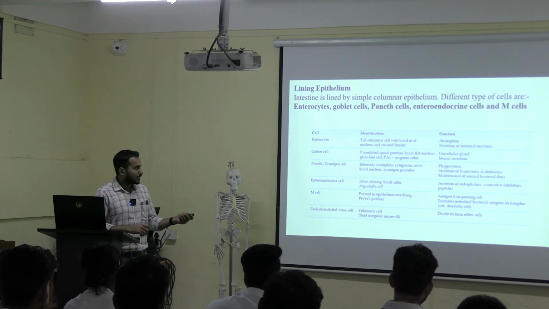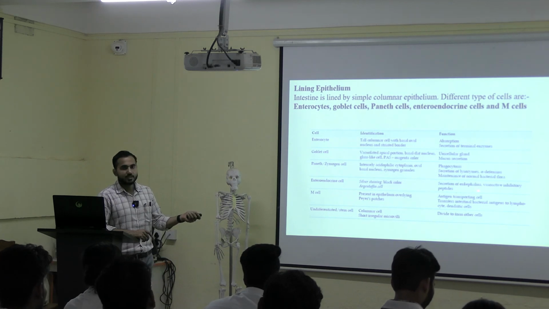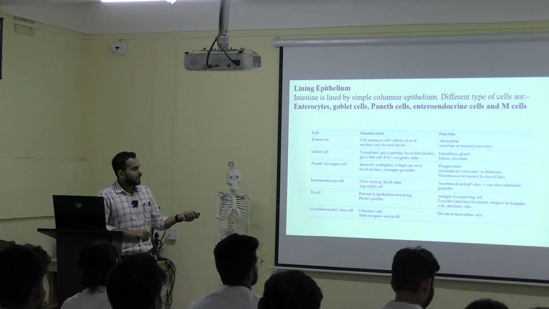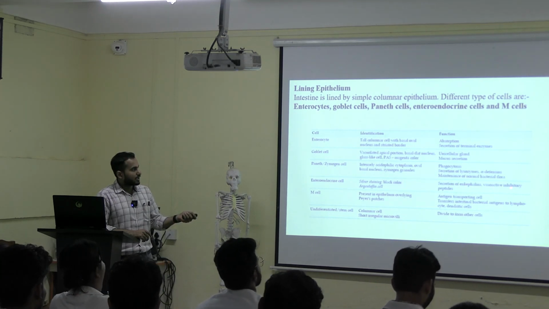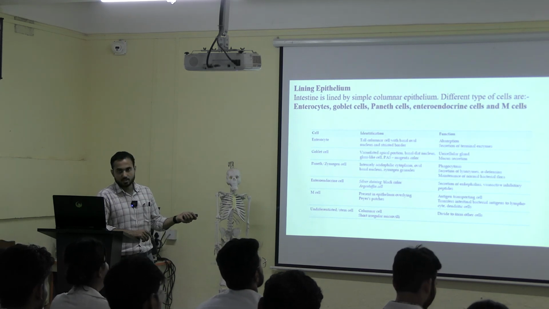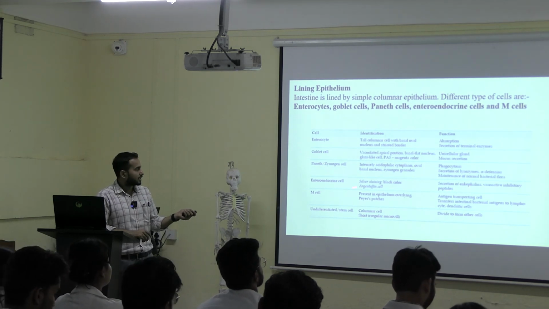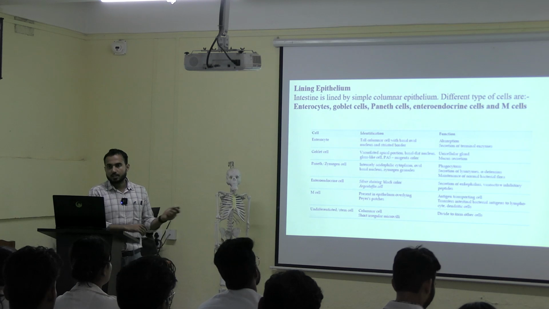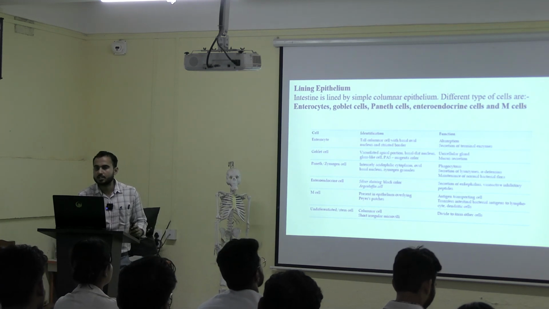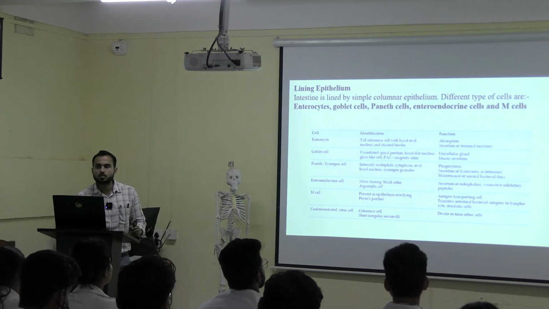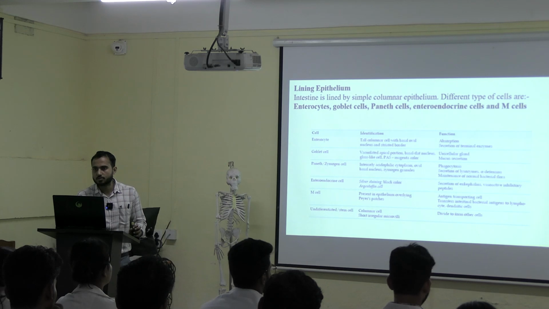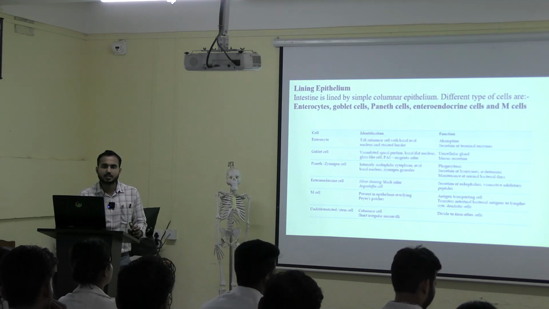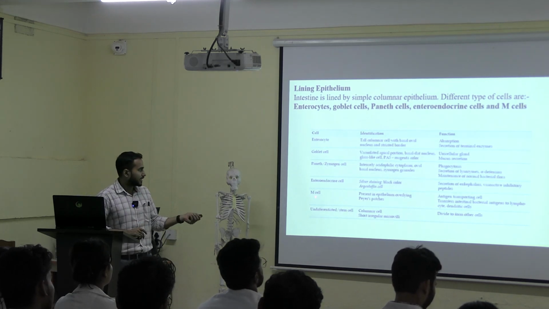So what is its function? They secrete different types of polypeptides, for example enkephalins, vasoactive inhibitory polypeptides etc. So what is the main function? This enteroendocrine cell will control the motility of the intestine, the secretion, the absorption, blood flow, all those things are controlled by these enteroendocrine cells.